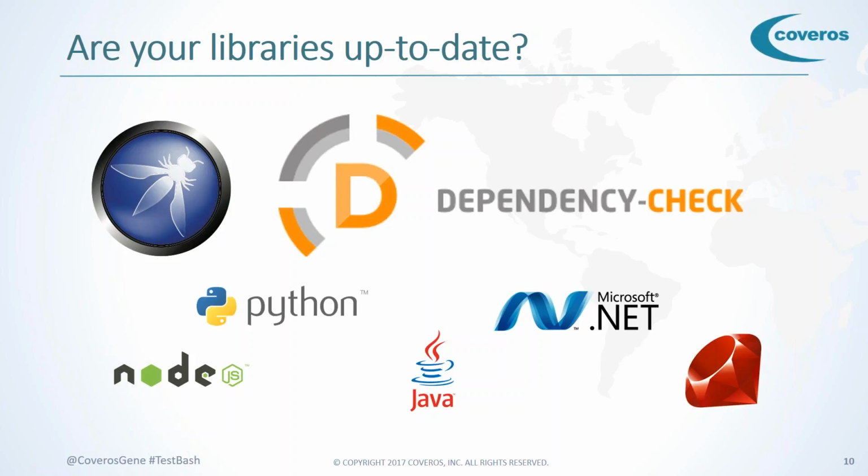Those are great tools to make sure that, hey, we're not using this version of Struts. We're not using this library that just had a bug announced about it, right?